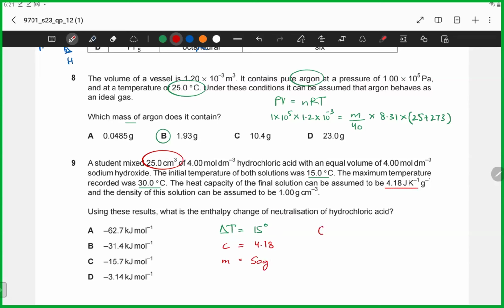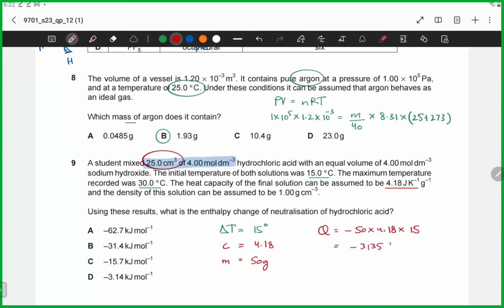Okay, so we can find Q equals MC delta T. So that's 50 times 4.18 times 15. Put a minus sign because it's exothermic. So what do you get? Minus 3135. So we are getting minus 3135, right?